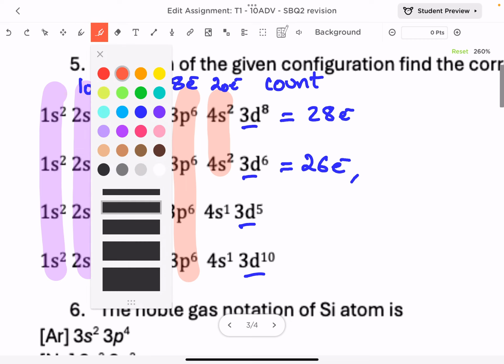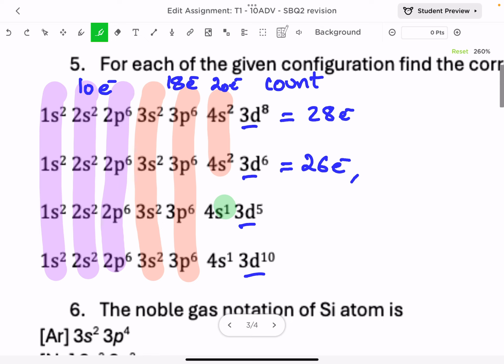For this one, 18, 19, 24. I have a total of 24 electrons. And over here, I have 18, 19, 29 electrons.